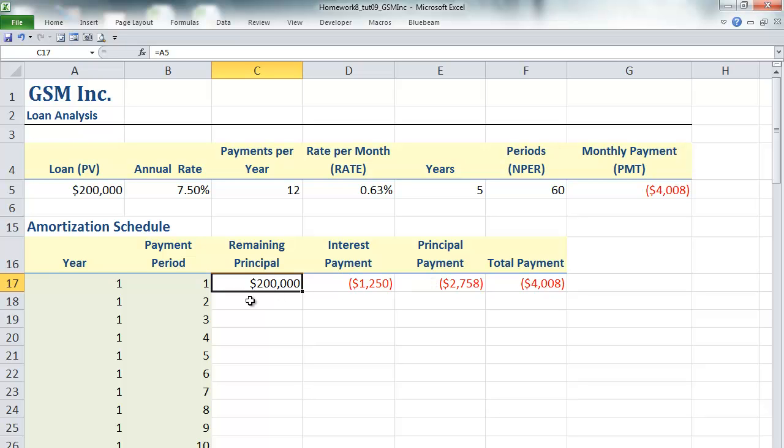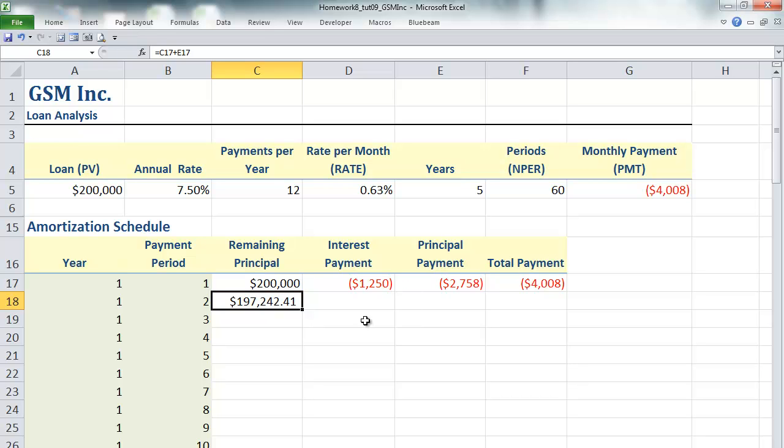So at the beginning of payment period 2, in cell C18, we have to calculate the remaining principal. The remaining principal will be equal to the beginning principal of the previous payment period plus the payment that was made in that previous period to help repay the principal. That's cell E17.